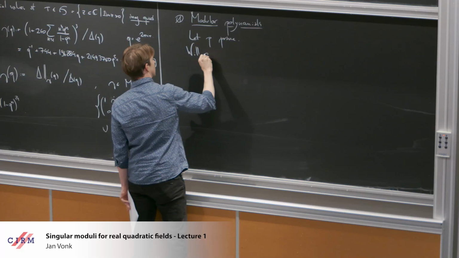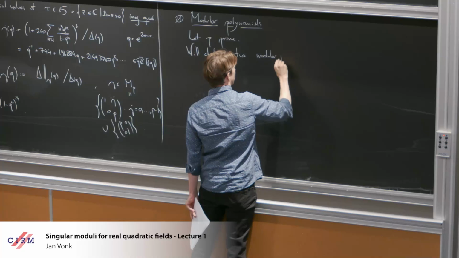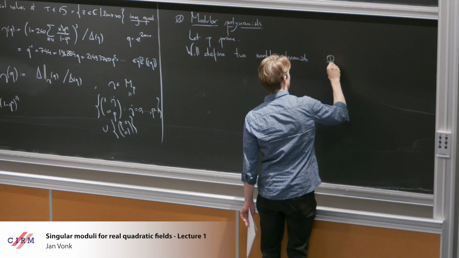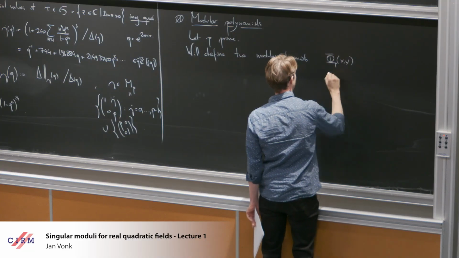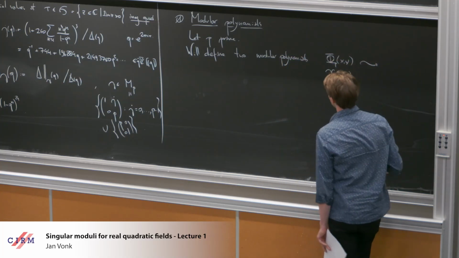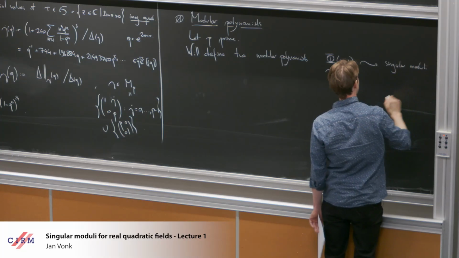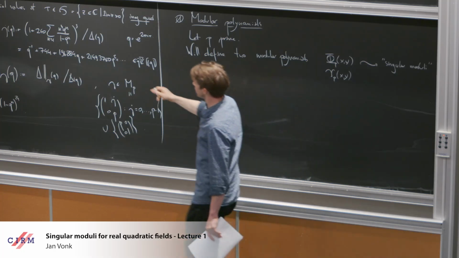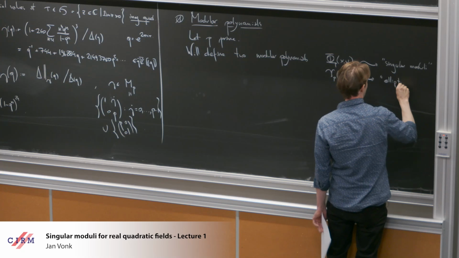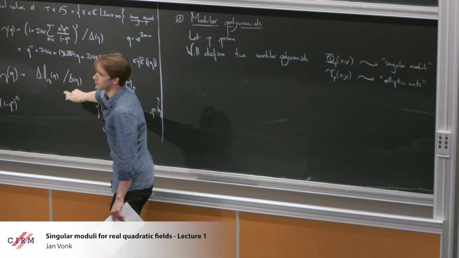And the goal is to define two particular modular polynomials which I'll call Phi_p(x,y) and Epsilon_p(x,y), which will be used to study singular moduli, which is the name I give to the CM values of the first function, and elliptic units, which is the name I give to the CM values of the second set of functions.